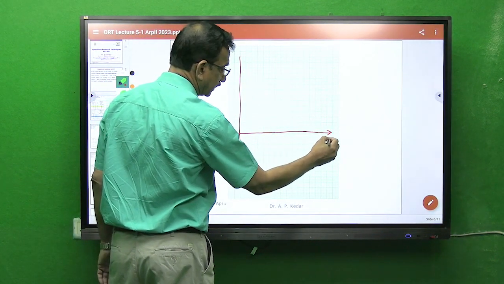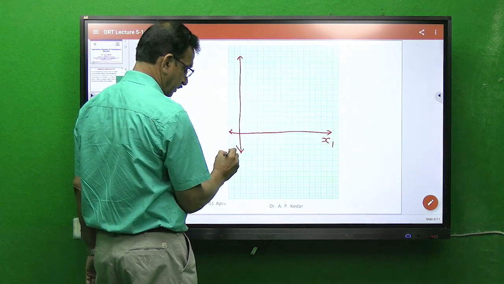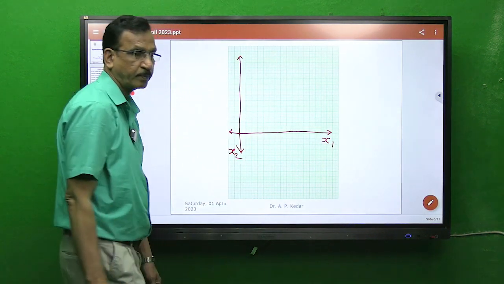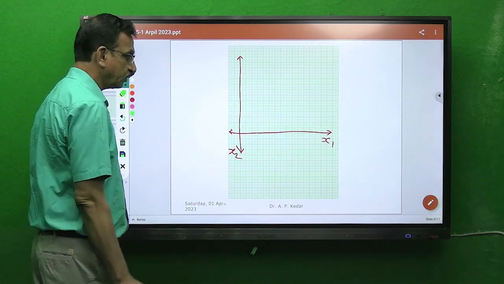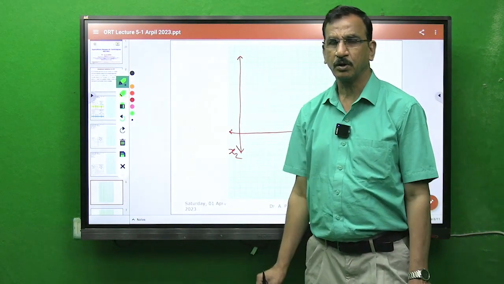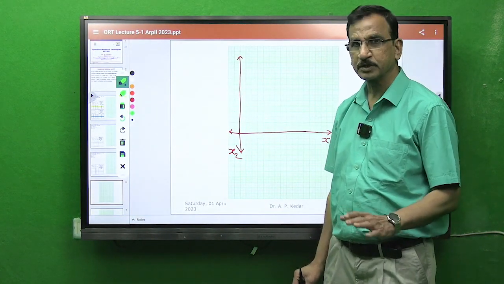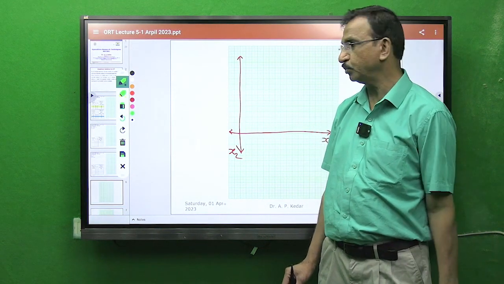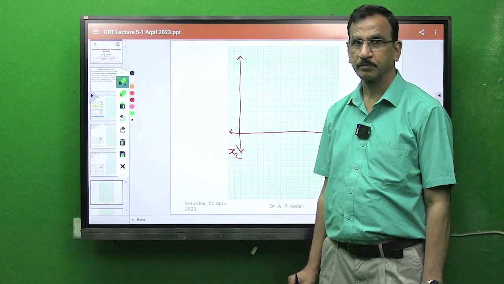I label this axis as x1, I label this axis as x2. Now we have studied formulation. What I will do is only draw the lines, hypothetically, and I will try to explain what will be the solution if we come across such a situation.